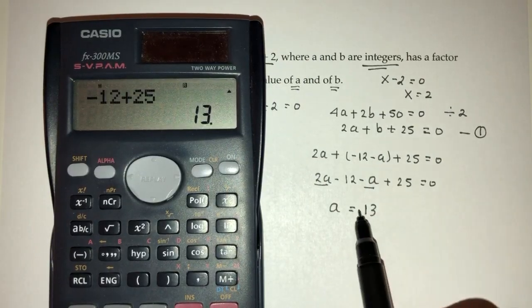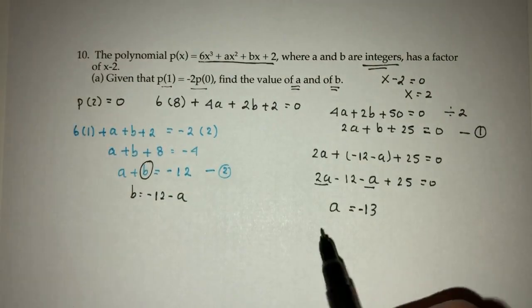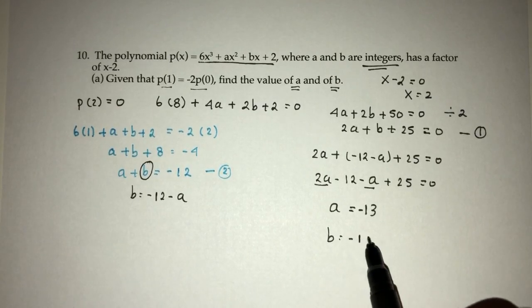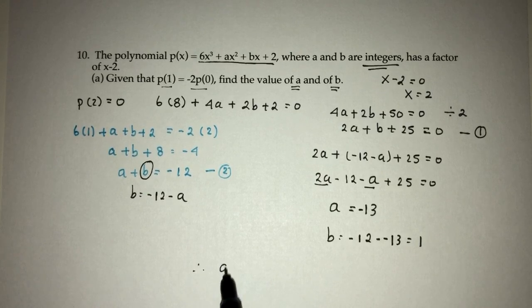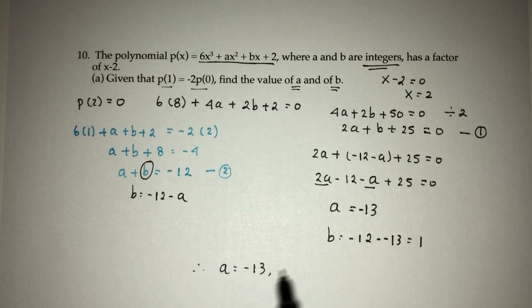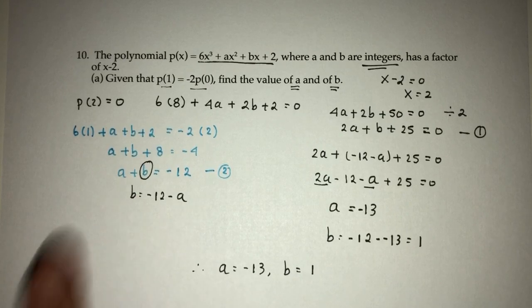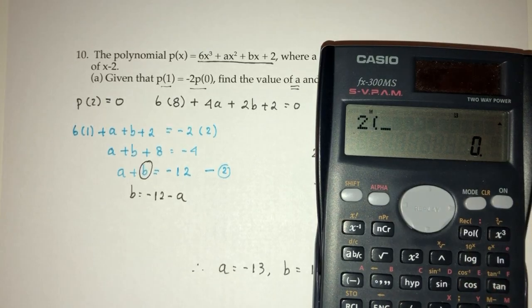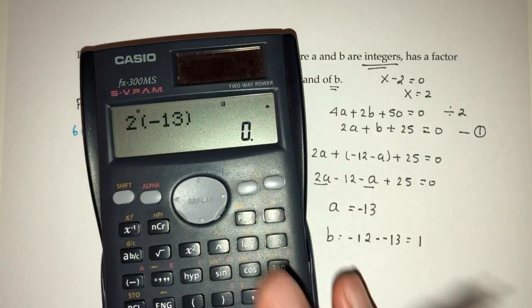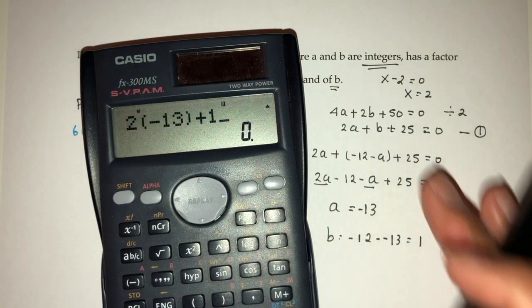Send this to the other side, it becomes minus 13. Now the value of b will be minus 12 minus minus 13, which will be 1. So a is minus 13 and b will be 1. So let's double check the values. Let's put this in this equation, like in this one. 2 times minus 13 plus b should be minus 25, right?